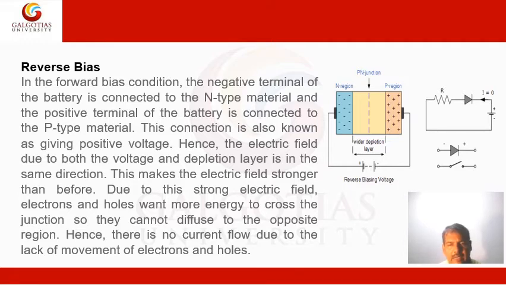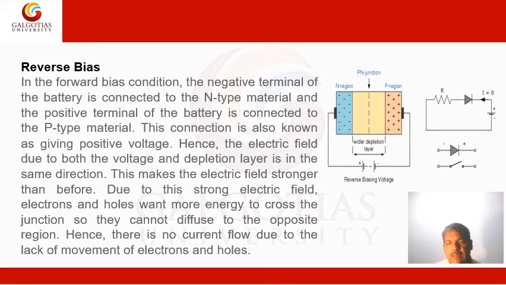This makes the electric field stronger than before. Due to this strong electric field, electrons and holes do not have enough energy to cross the junction, so they cannot diffuse to the opposite region. Hence, there is no current flow due to the lack of movement of electrons and holes.